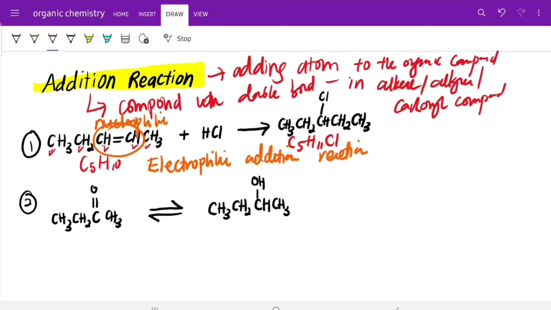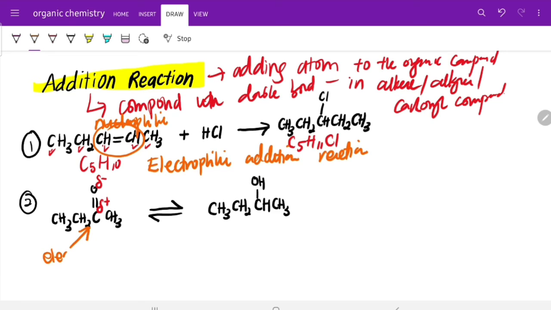In the C double bond O, your C is more electropositive compared to your oxygen. Therefore, this carbon will become partially positive, whereas the oxygen will be partially negative. So this carbon is partially positive, which means it is a center of positive side.